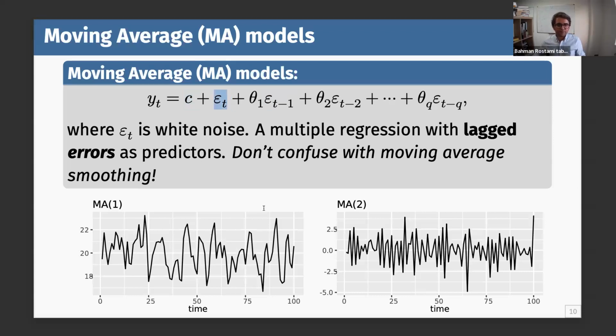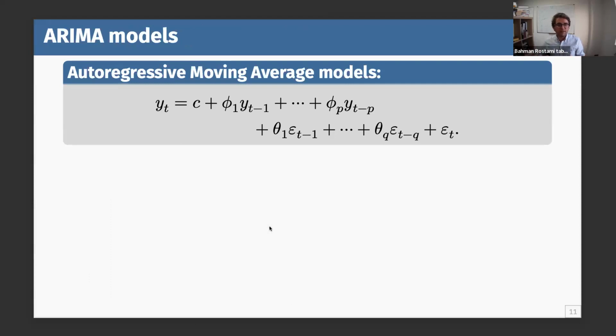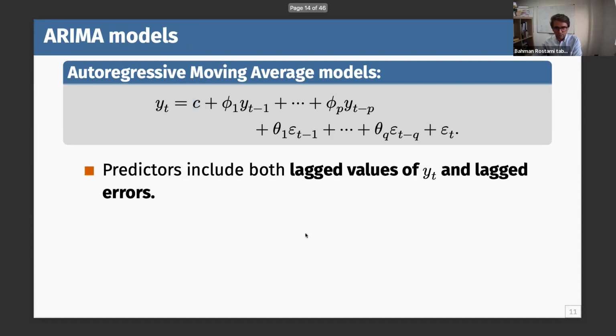And again, you can simulate this, and depending on how many q we have and the values of the parameters, you can simulate many different shapes of the time series with MA1. So you can have a combination where you have both the AR part and the MA part, and of course the epsilon and C as well. But the idea is similar. I have to make a decision on how many p, how many q, and then estimate the parameters as well.